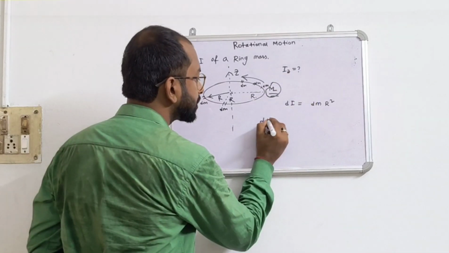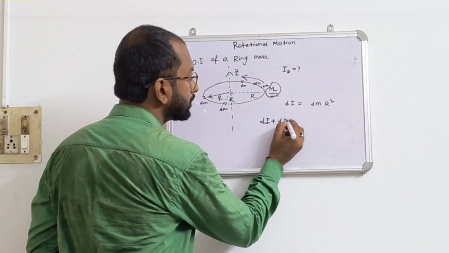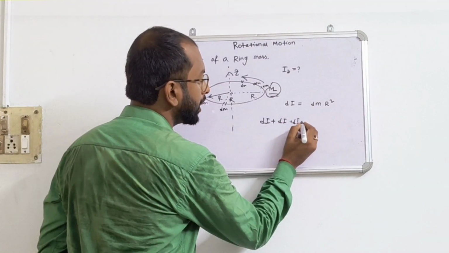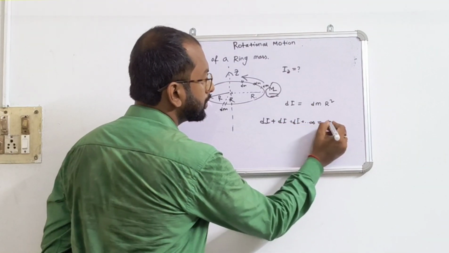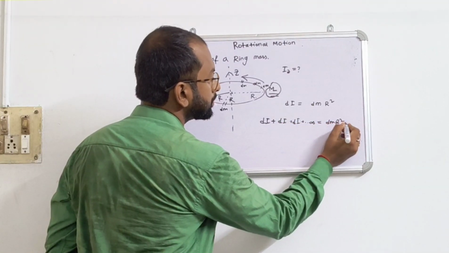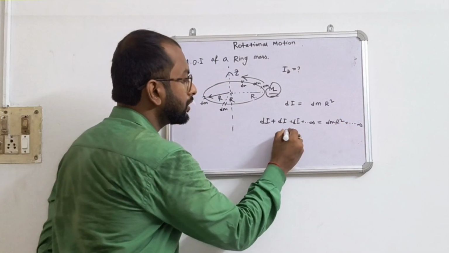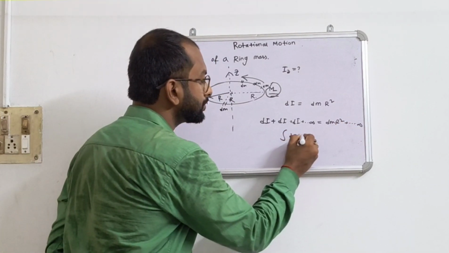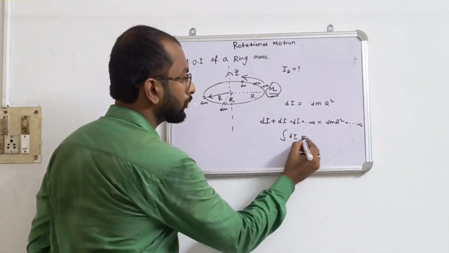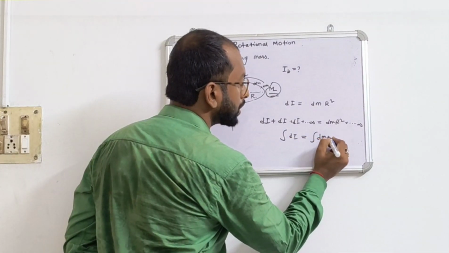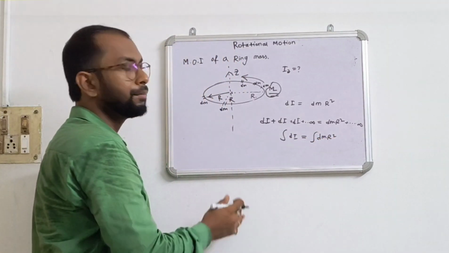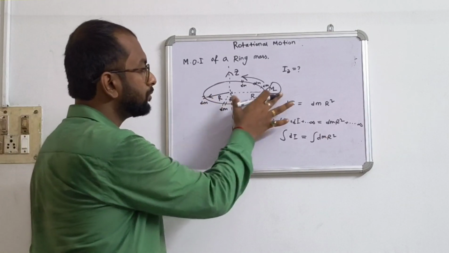So that means I have to do the summation of small dI. This is often called integration. Integration of dm into r square. I am doing the summation for all small masses.